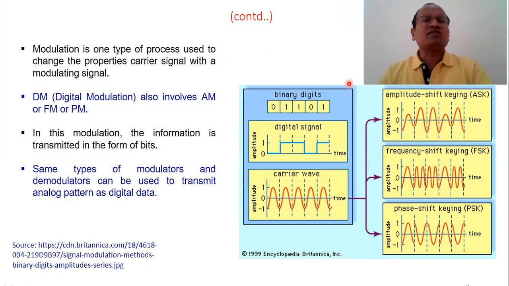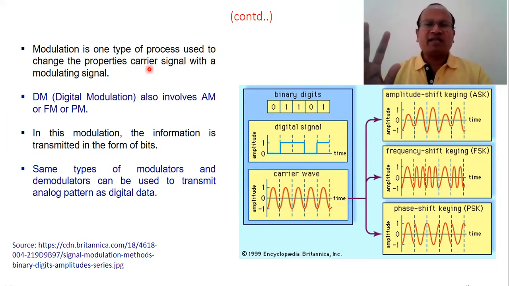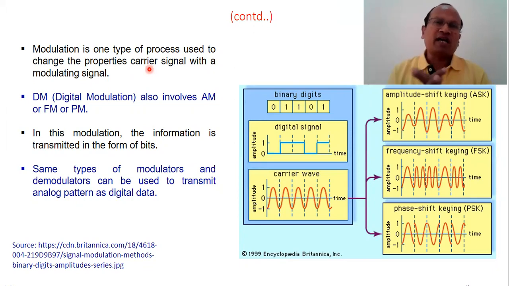Modulation is one type of process used to change the characteristics or properties of a carrier signal with a modulating signal. As I told you, this is very common in all the modulation methods, that one of the properties or characteristics of the carrier signal changes. We know the carrier is a high frequency signal which is required in order to make the transmission of the message possible. So digital modulation involves amplitude modulation, frequency modulation, or phase modulation.